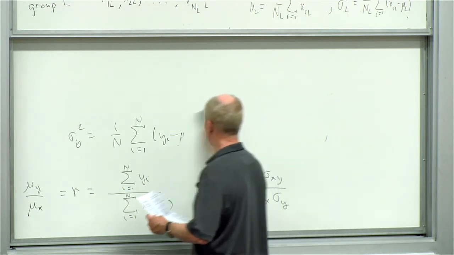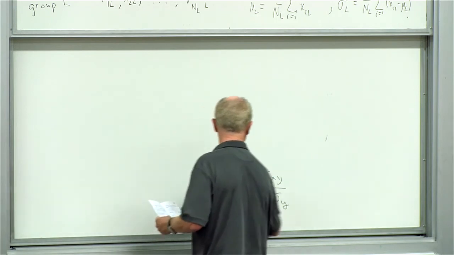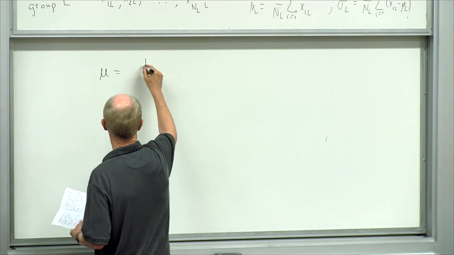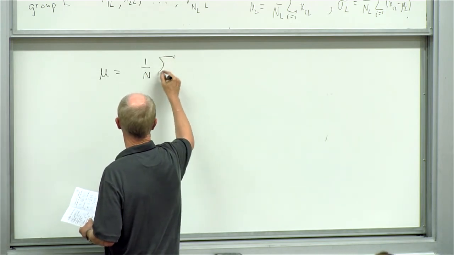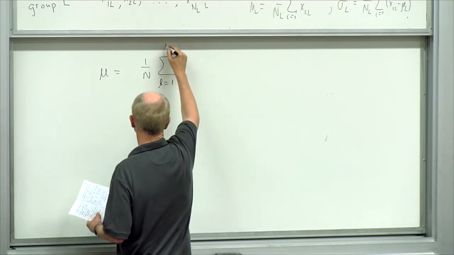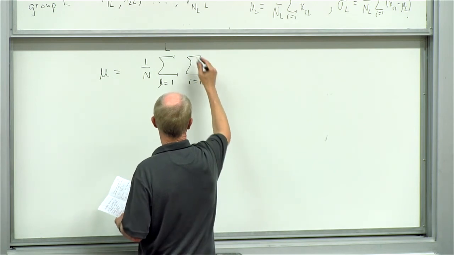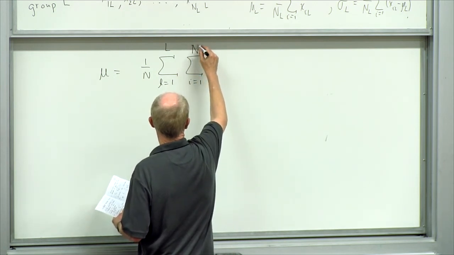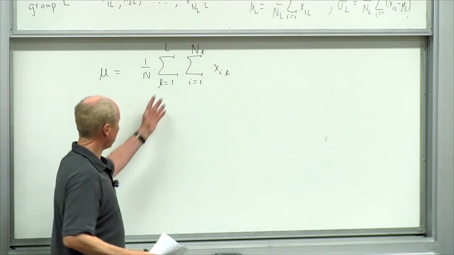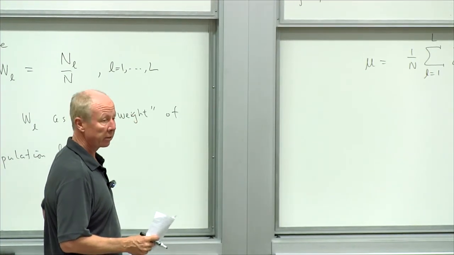The total mean could be written this way. This sums all the possible population values and then divides by the population size.